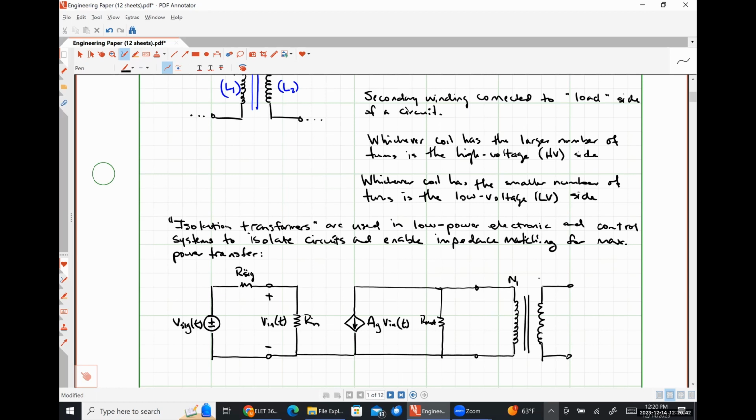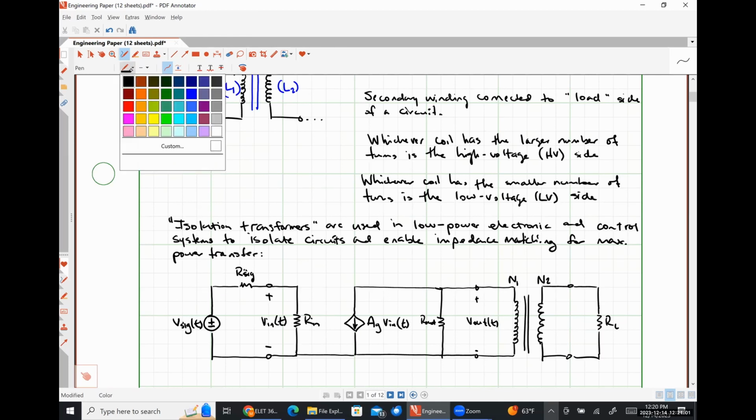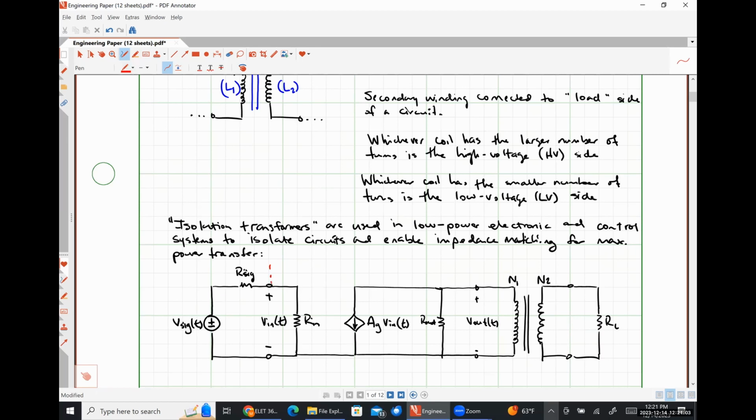This will be our primary, this will be our secondary, and the secondary of the transformer might be connected to some type of load impedance, R sub L, like so. Let me denote this really quickly. This is the output voltage of our amplifier.